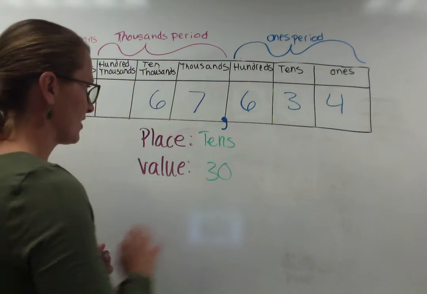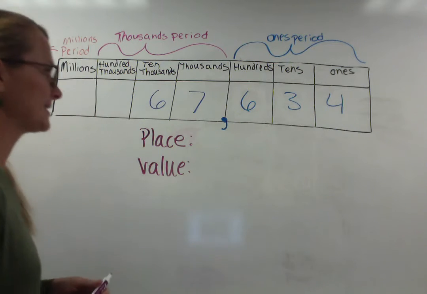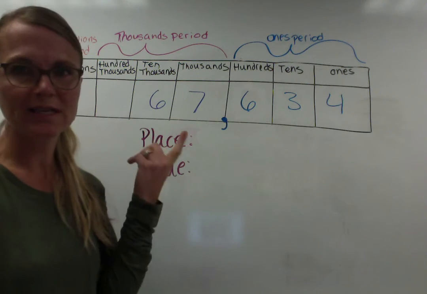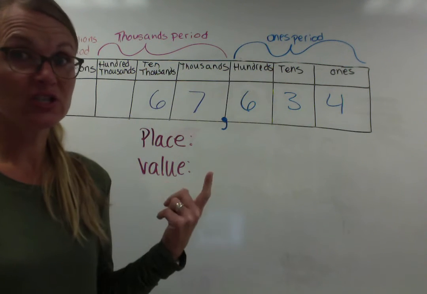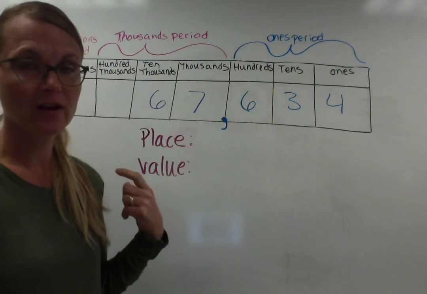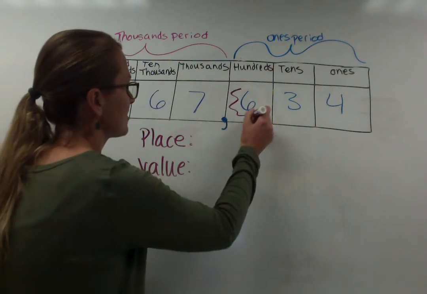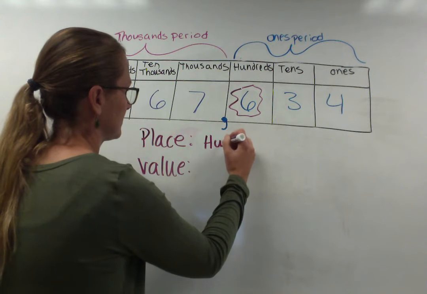Now I have 2 6s. Those 2 6s aren't worth the same amount. They're the same digit, but because they are in different places, they have different values. This 6 is in the hundreds place.